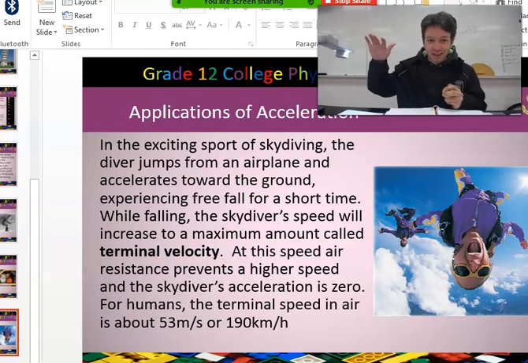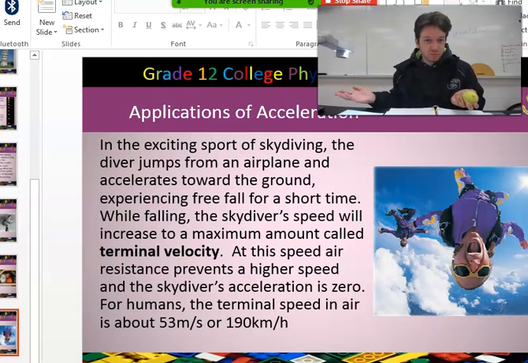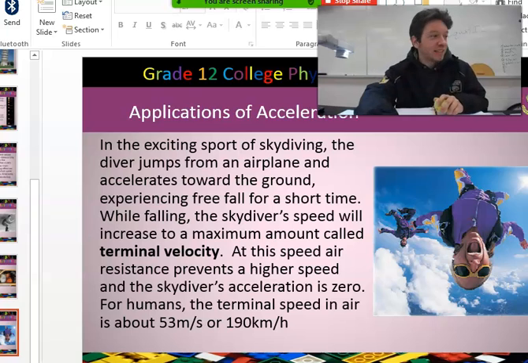Go from 9.8, for example, to 6, to 5, and you're going faster and faster. As you go faster, the air resistance is stronger, so you go to 4, 3, 2, 1, and eventually your acceleration won't exist anymore. It'll be 0. When that happens, we say you've reached terminal velocity.